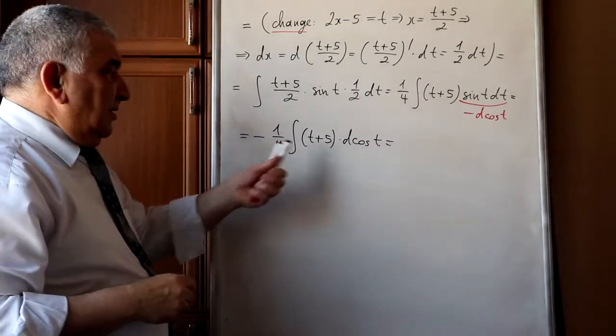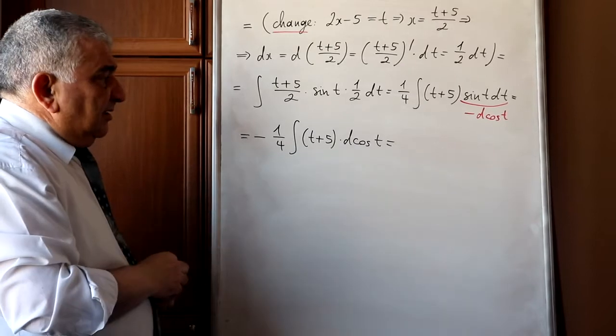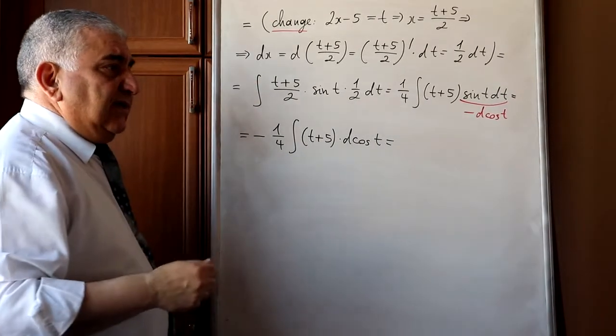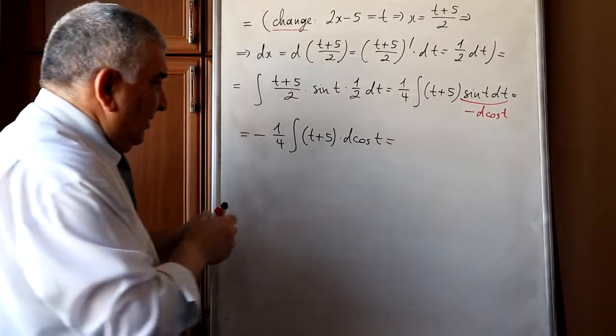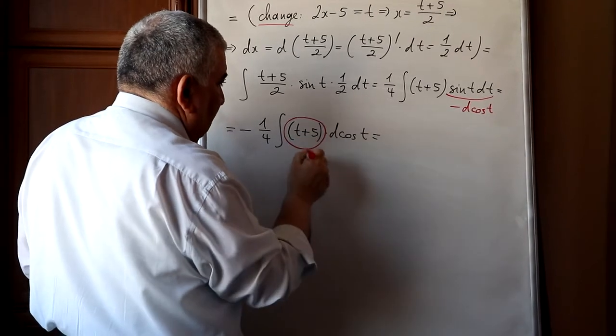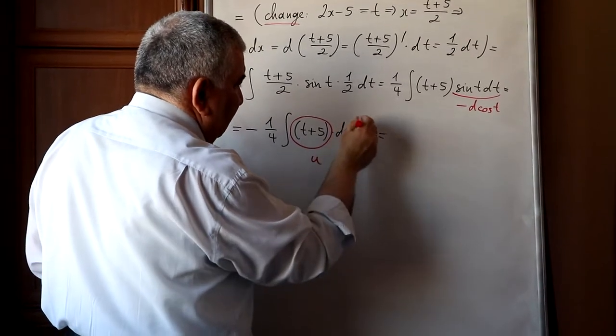Now the obtained integral is ready for the application of the indefinite integration by parts. Let t plus 5 be u and cosine t be v.